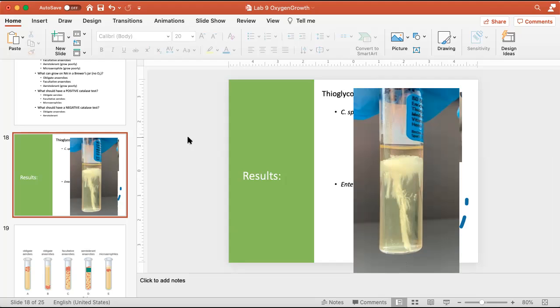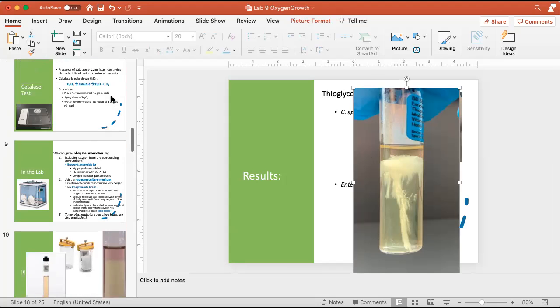The obligate anaerobes? No, remember, obligate anaerobe, we're only going to get at the bottom. So it's not. Oh, pick me. Aerotolerant. Very good. That's exactly right.